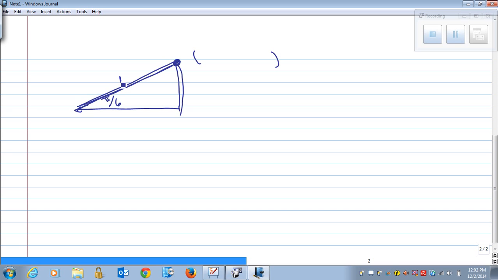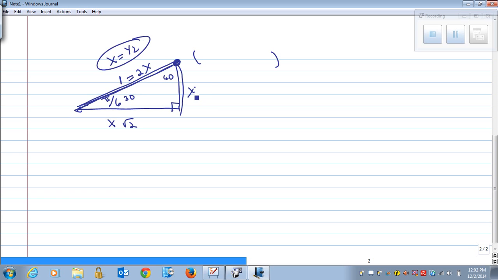And what do you know about 30-60-90 triangles? We know if this is a 30-degree angle and this is a 60-degree angle, because this is your right angle. Across from 30 was your x value. You knew this from geometry. Across from 60 was your x square root of 3. And, of course, the hypotenuse was equal to 2x. So if the hypotenuse is equal to 2x and the hypotenuse is 1, then x would have to be 1/2.